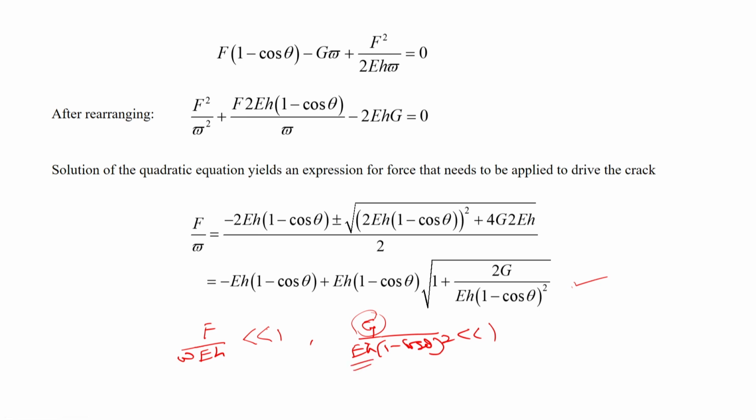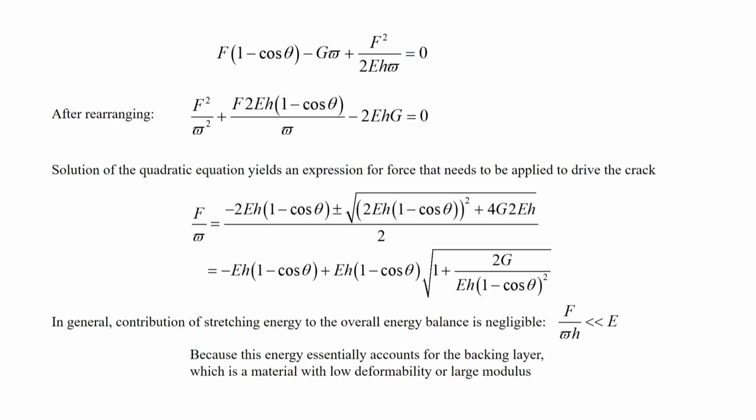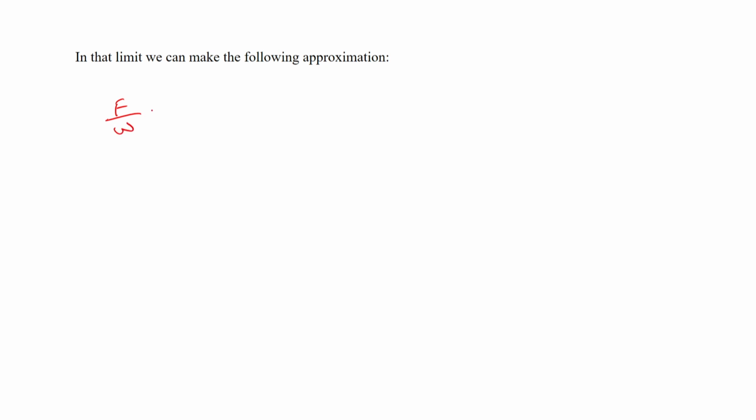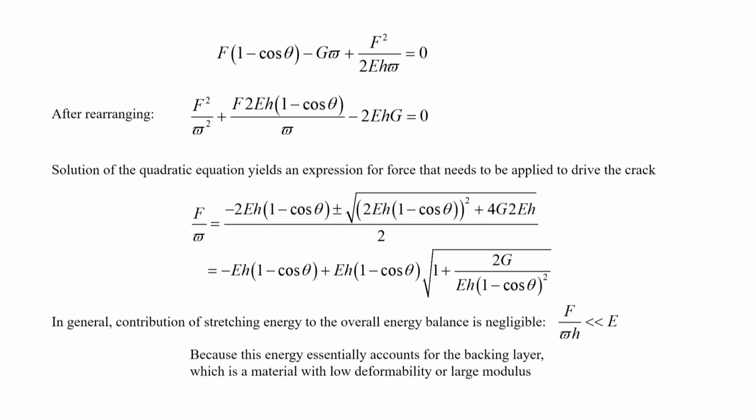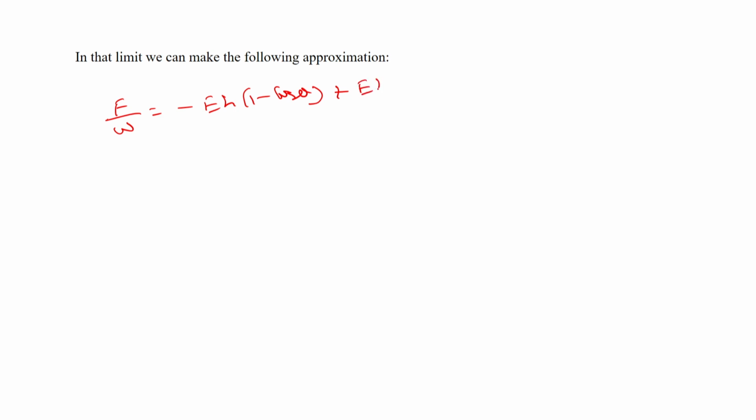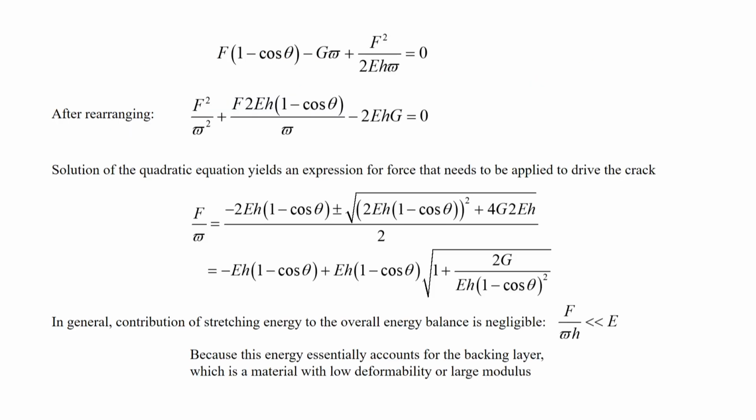So it is on that premise that we can write this quantity something like this. F by W is equal to EH into 1 minus cos theta, into 1 minus half, and this is 2G into EH by 1 minus cos theta square.